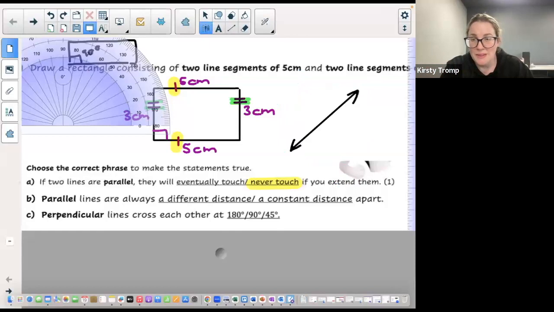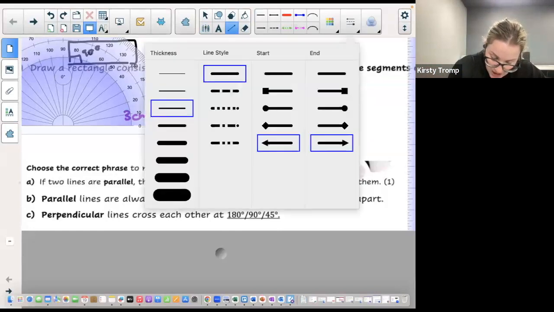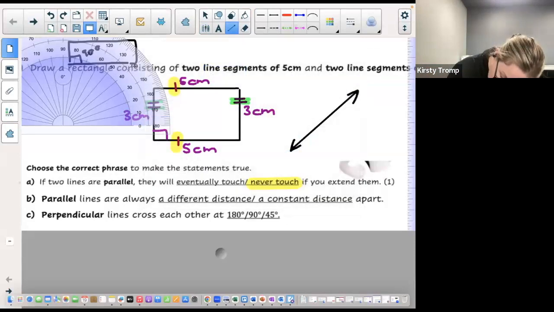Awesome. So that means that if I've got a line that's parallel, I'll have one line on that side, and another line that's running right next to it, guys.